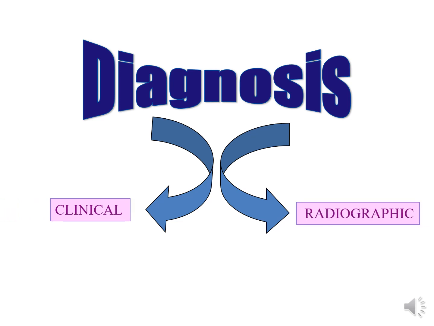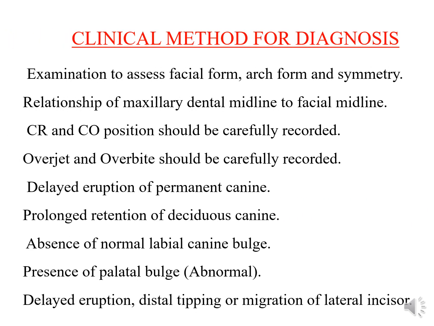So diagnosis is by examination. Right from the extraoral examination, you should look for features like relationship of the midline, overjet and overbite, whether there is any delayed eruption of the permanent canine or not, and whether there are any retained deciduous teeth or not, and look for any bulge on the labial side or palatal side.